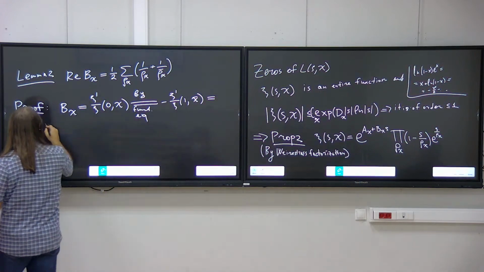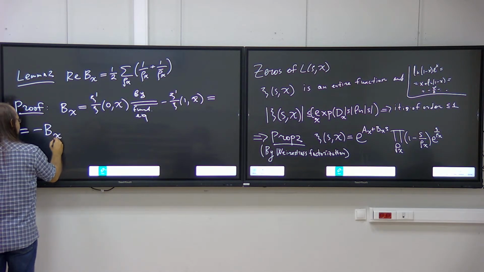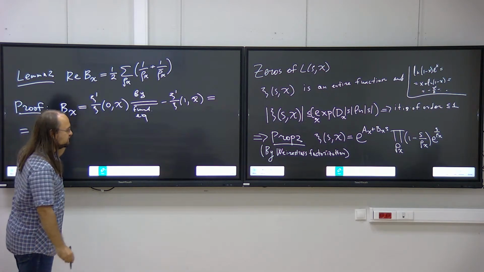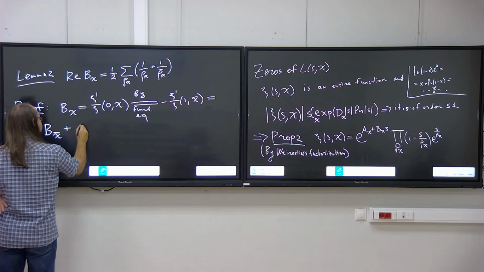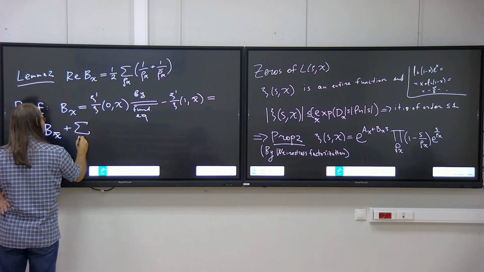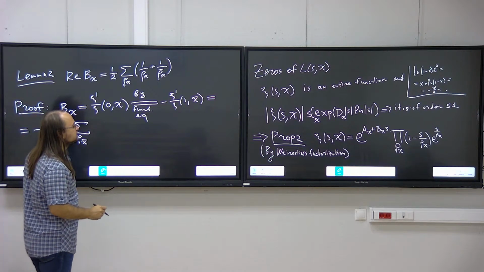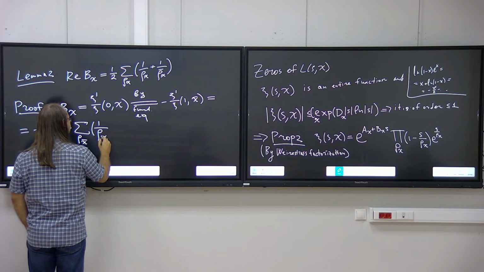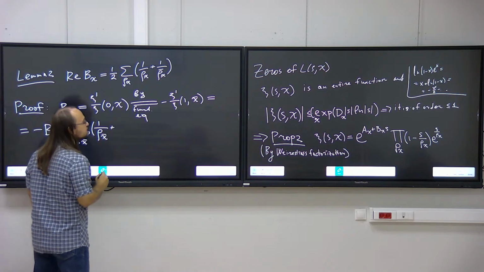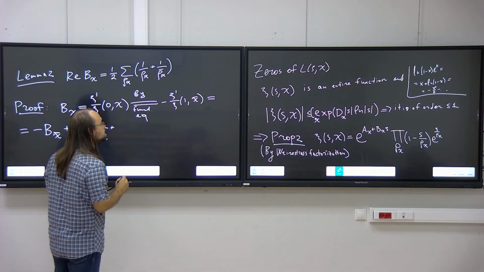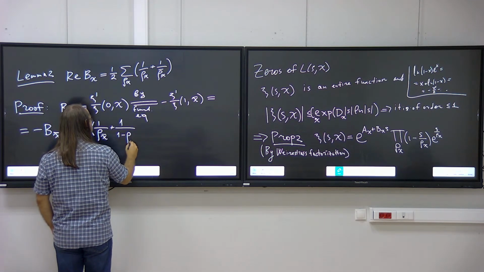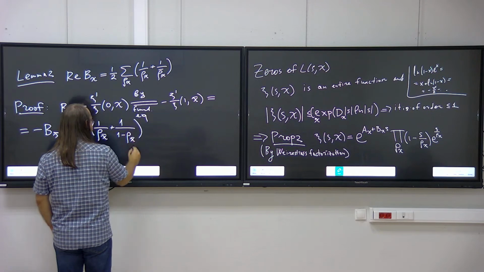This is equal to minus, now we actually differentiate and substitute everything. So we have b chi bar, this is from the product here, plus the sum over all rho chi bar of 1 over rho chi bar plus 1 over 1 minus rho chi bar.